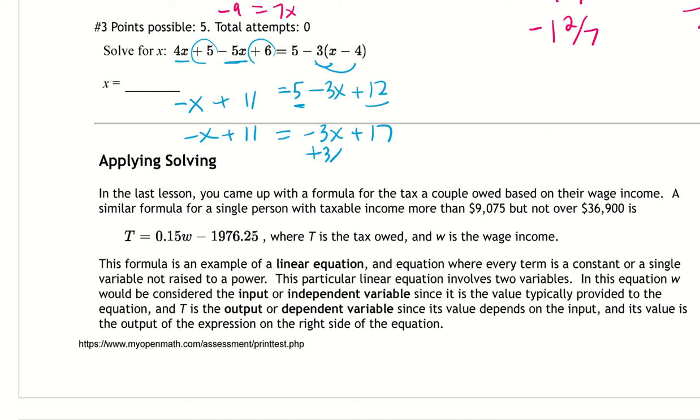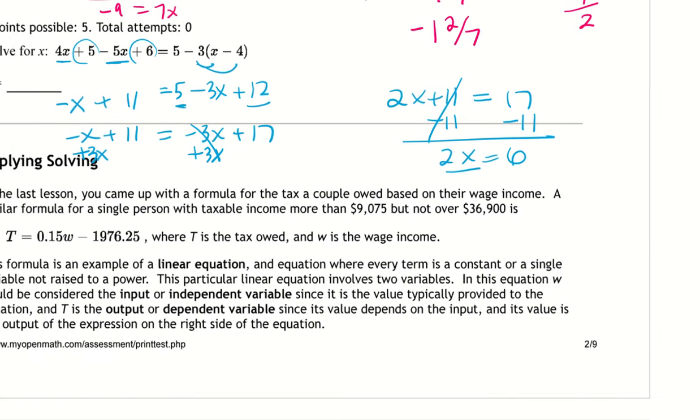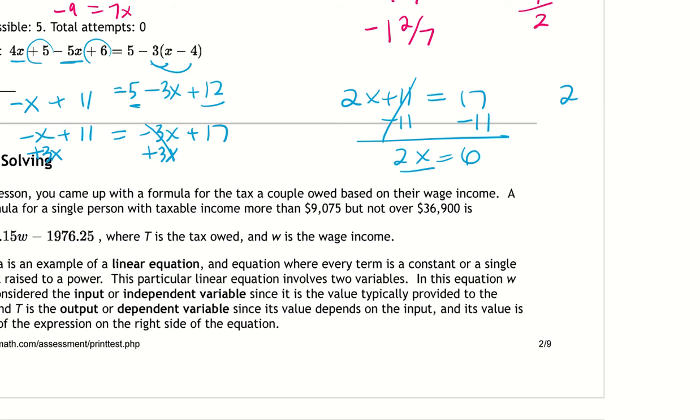I will add the 3x to both sides. So I'm going to get 2x plus 11 equals 17. Subtract 11 on both sides. 2x equals 6. So then I can divide by 2 on both sides, and I'll get x equals 3.